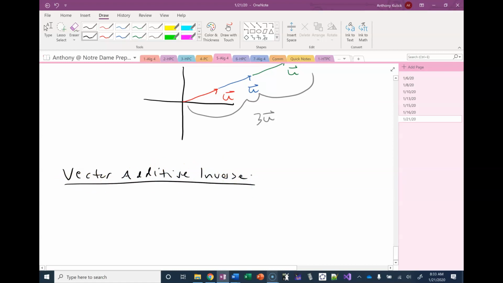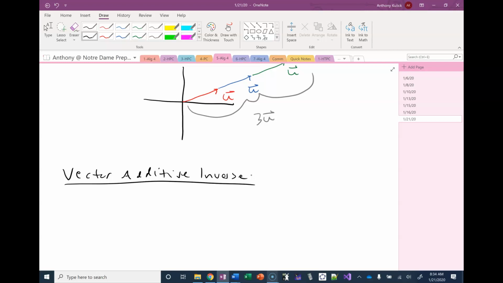So now that we have vector addition and vector scalars, we can talk about what we mean by an additive inverse. So if you guys remember back to elementary school, if I talk about the number 5, and I want the additive inverse to the number 5, what is the additive inverse to the number 5? You did, you probably just didn't use this vocabulary.